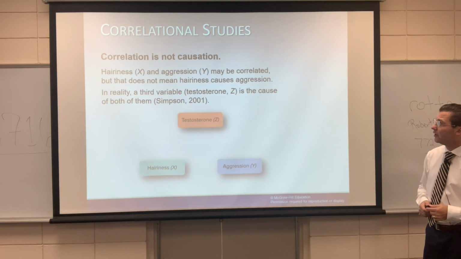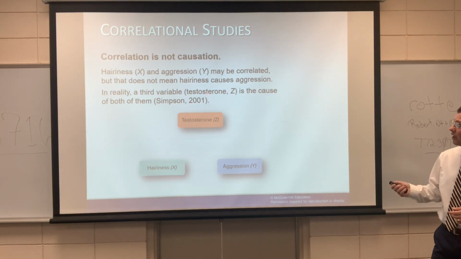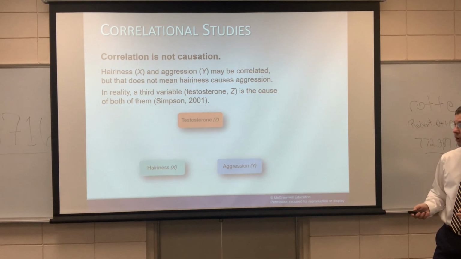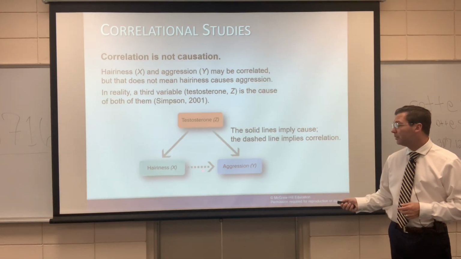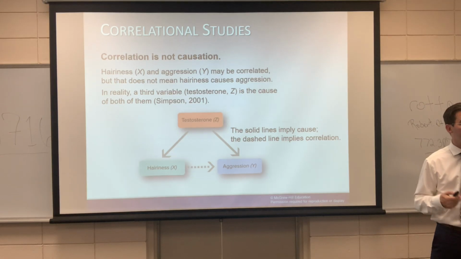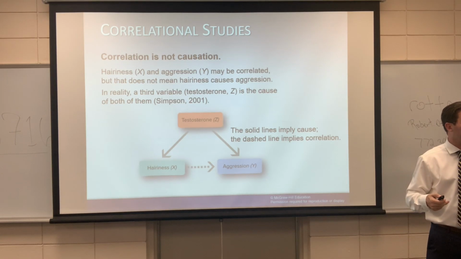And what they find, according to a study in 2001, is that testosterone, which would be the Z variable, is the cause for both hairiness and also aggression. So the dotted arrow at the bottom is basically saying that there's a correlation between hairiness and aggression. But it doesn't give us cause and effect.